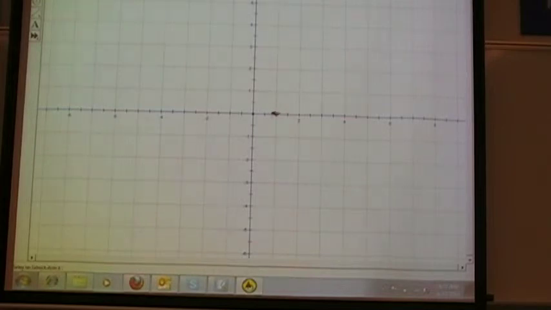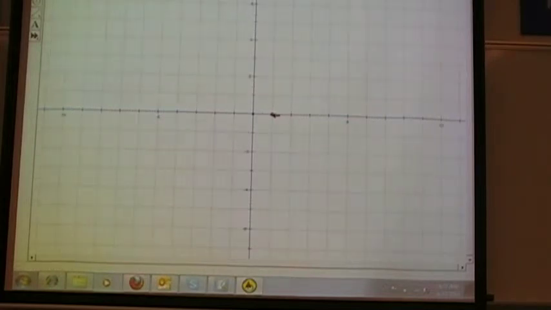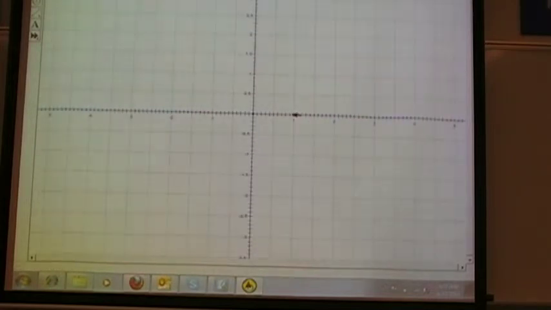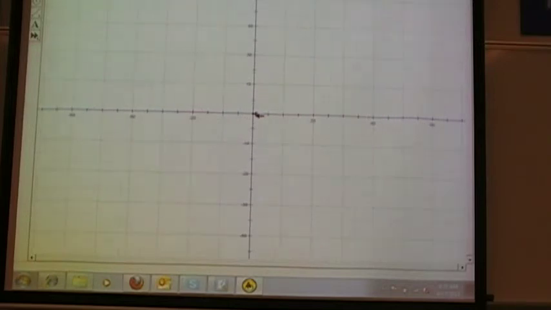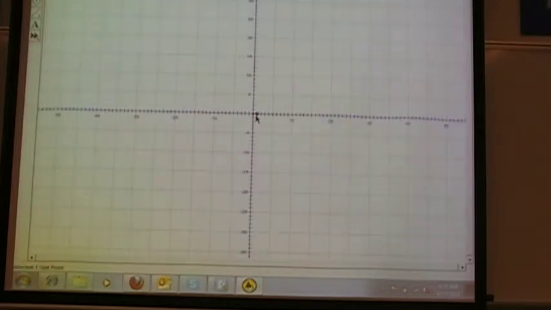All right, and then graph here, what was the center? (16, -9). Let's see, (16, -9) would be about right here, right?